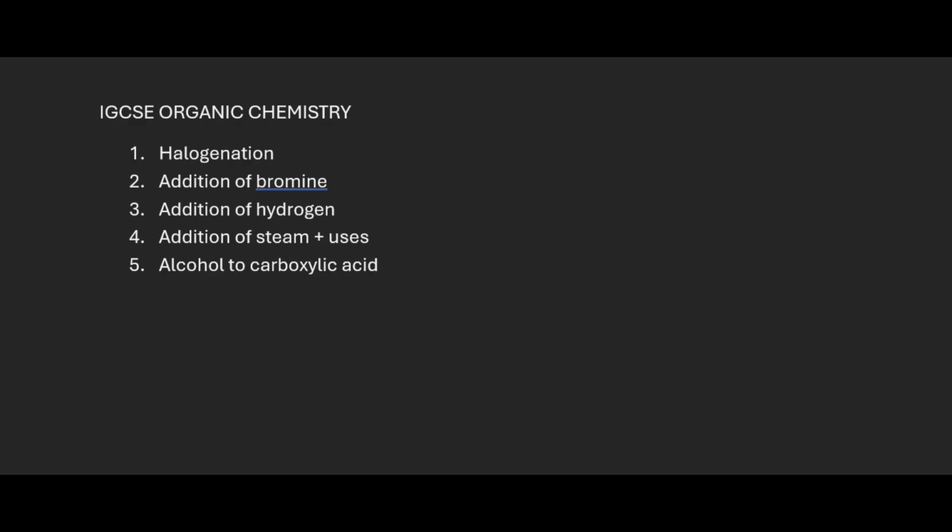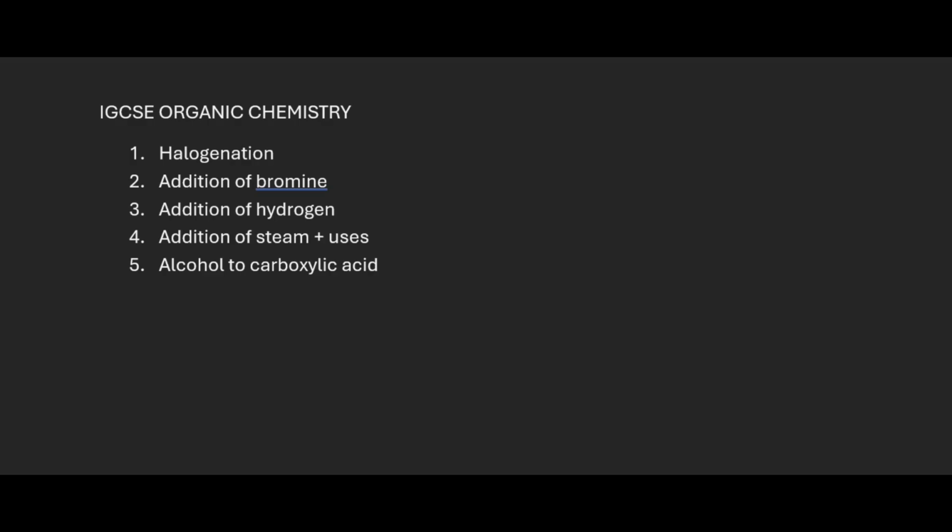Now, this reaction is very useful to identify the presence of unsaturation in organic compounds. Unsaturation is basically when there is at least one carbon to carbon double bond or triple bond, so there has to be one less than a carbon to carbon single bond.